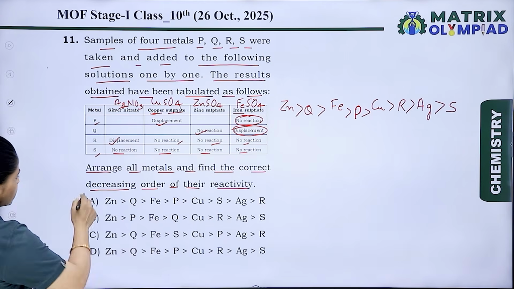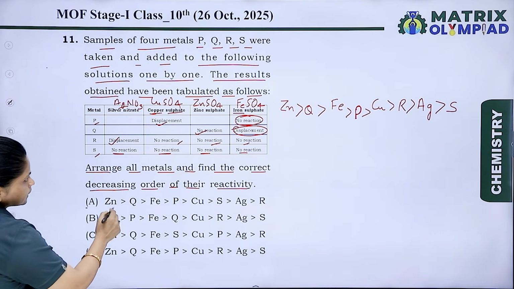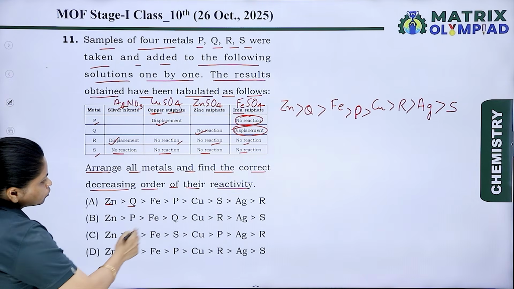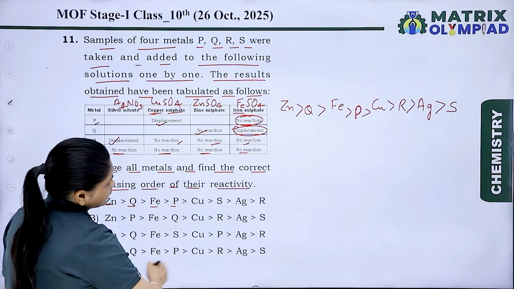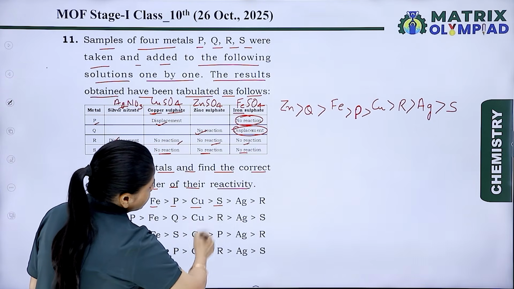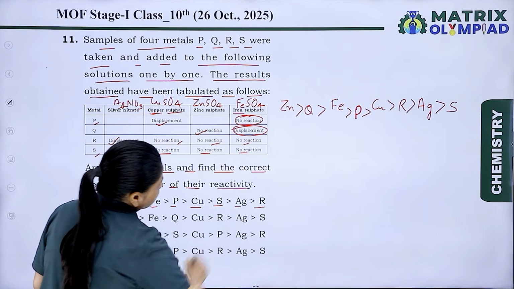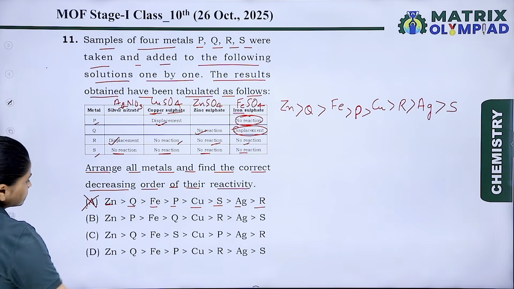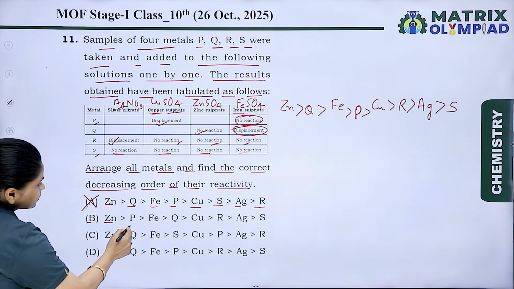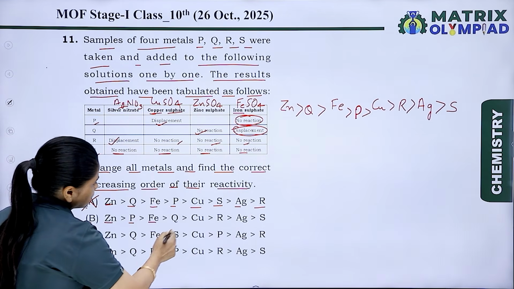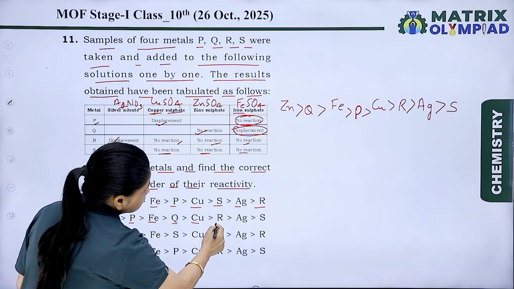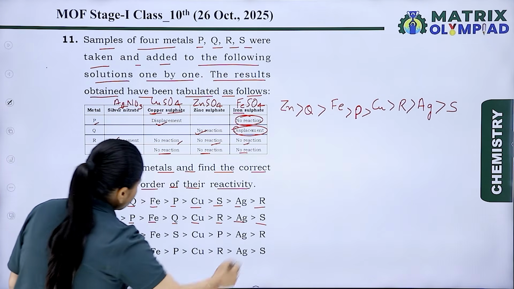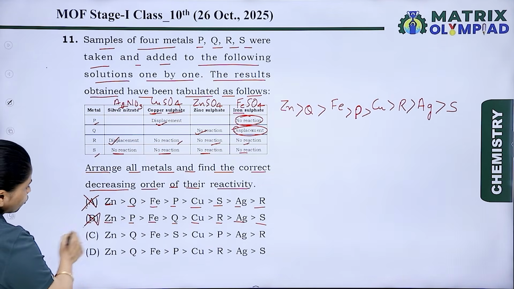Now let's check the options. Option A, zinc, Q, iron, P, copper, S, silver, R. This is wrong. B, zinc, P, iron, Q, copper, R, silver, S. Again it is wrong.